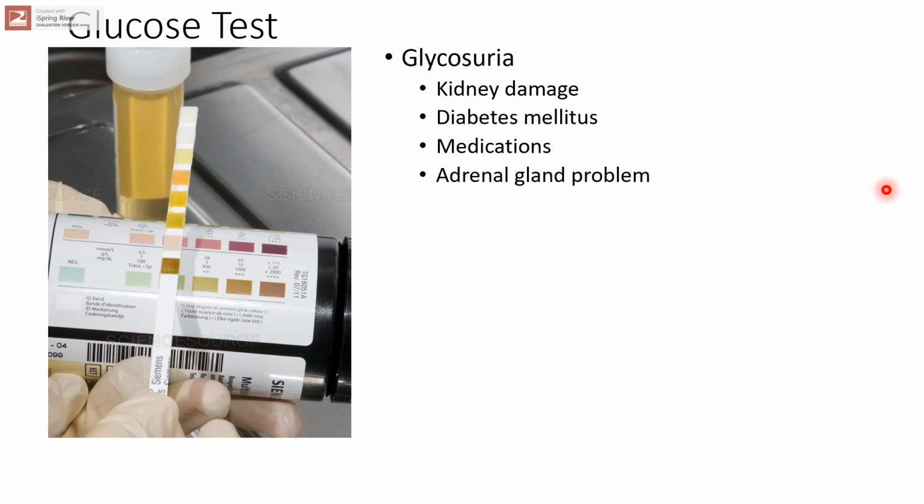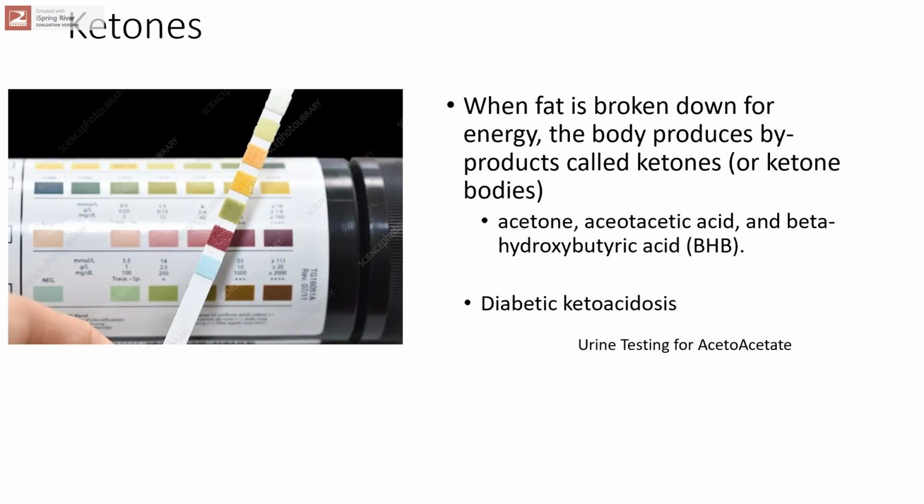Now, the other condition that we need to look at is ketones. Ketones, negative is normal. And what are ketones? Ketones are formed when fat is broken down to produce energy. When this happens, the body produces ketones or ketone bodies.